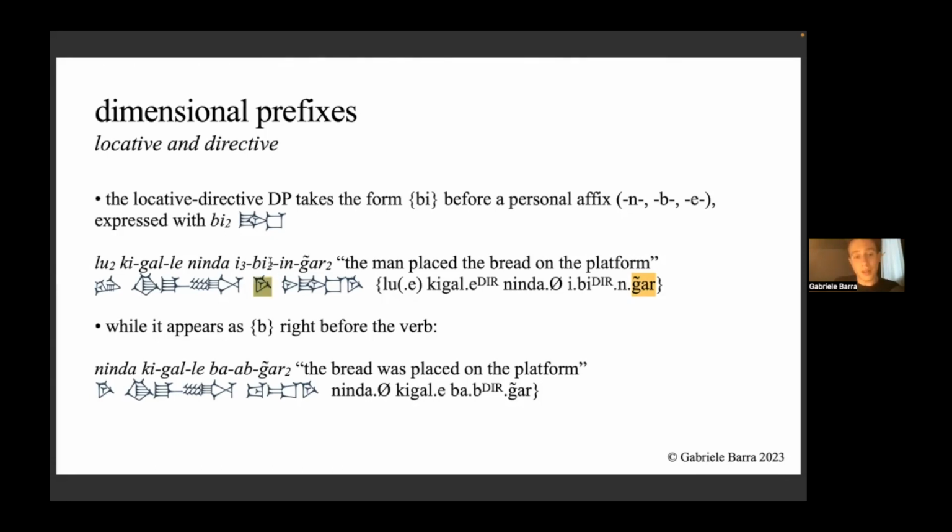Then we have b. Now, what is the b referring to? Well, to the e in kigal, so on the platform. So the man placed the bread on the platform. The n here, the in, is of course the third person singular, and that's why the directive dimensional prefix here looks like bi.